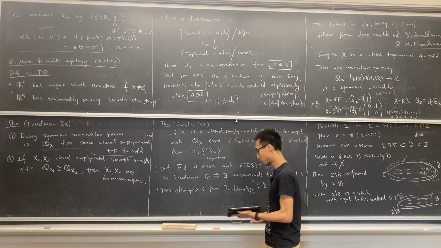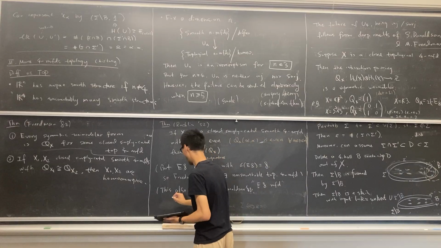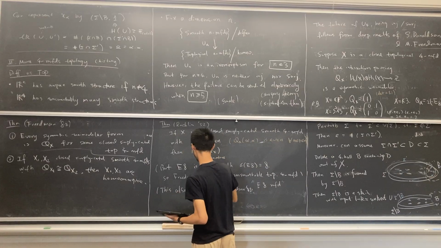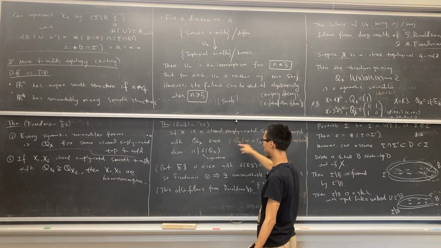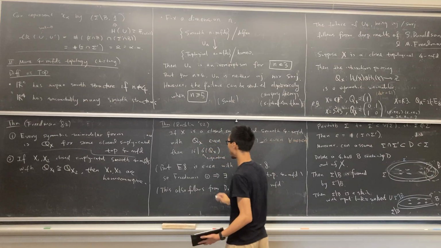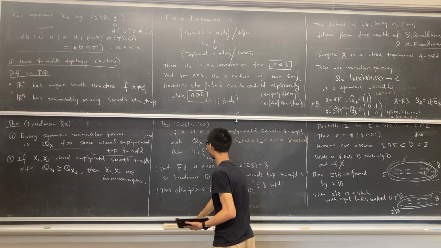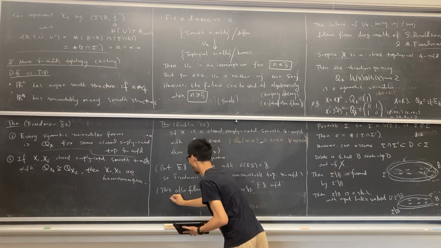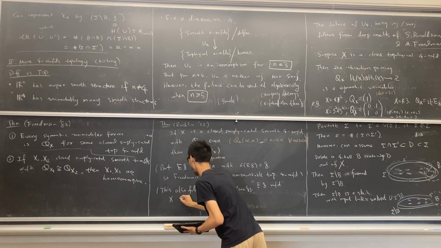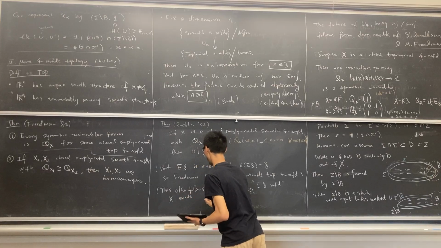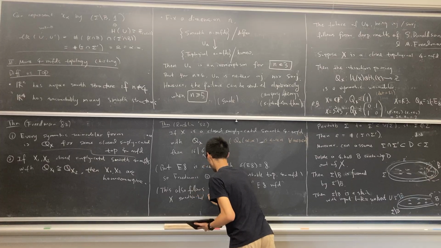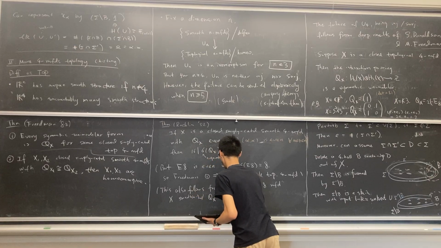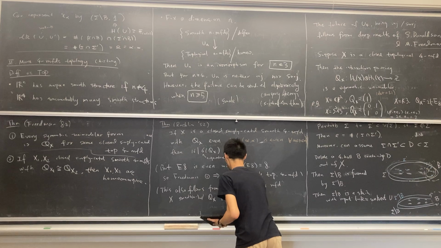Donaldson's diagonalization theorem says that under the same conditions, X a closed, simply connected smooth four-manifold, with Q of X positive definite.